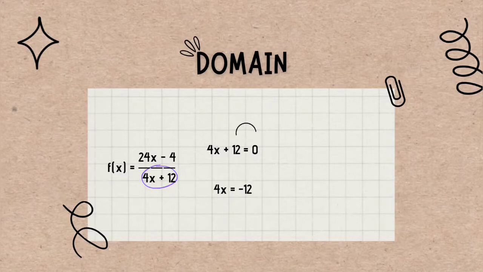So, magiging 4x equals negative 12. So, let's solve for x. 4x divided by 4, cancel out, matitira na lang ay x. Negative 12 divided by 4, so ang sagot ay x equals negative 3. So, isusulat din natin siya sa notational form.